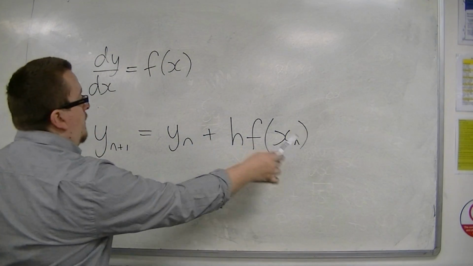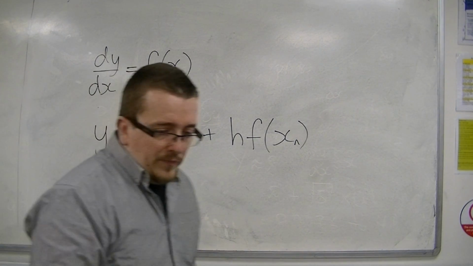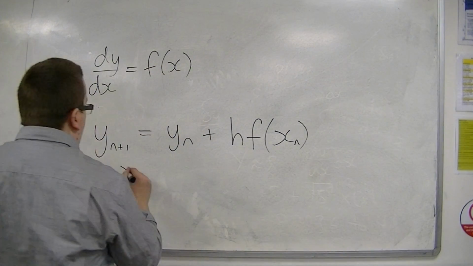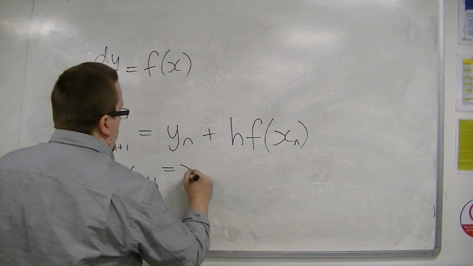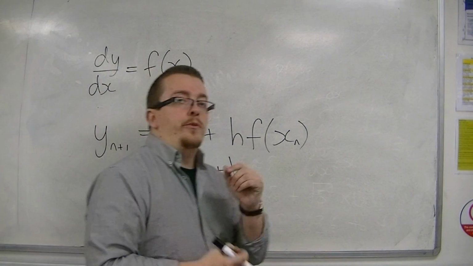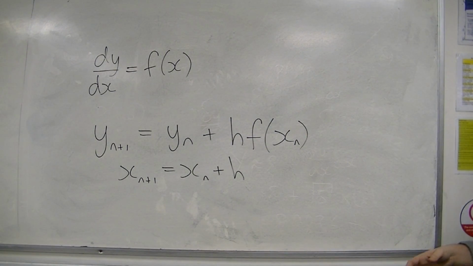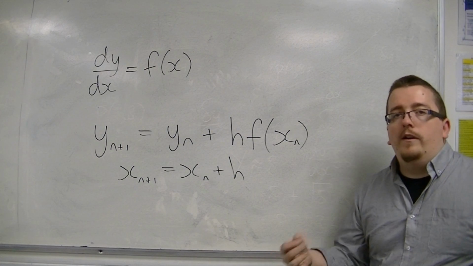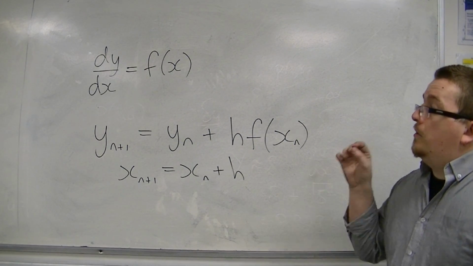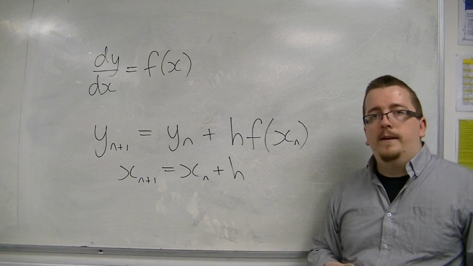So this is my formula where h is the step length. So we say that x_(n+1) is equal to x_n plus h. h is the step length that I choose. So the step length could be really anything, but obviously the smaller the step length, the more accurate this is going to be. So I'm going to show you an example of how this works using the formula in the next video.